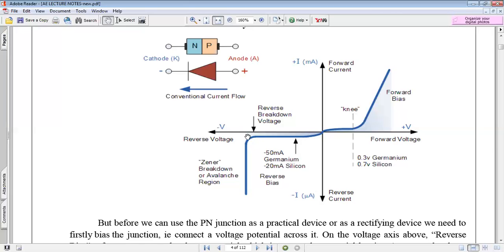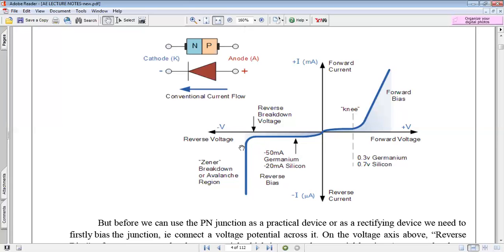Now, at a particular reverse voltage, which is called breakdown voltage, the PN junction works in breakdown region, and it is because the charges within the depletion layer now cross each other, resulting in a sudden flow of current. This is called junction breakdown.